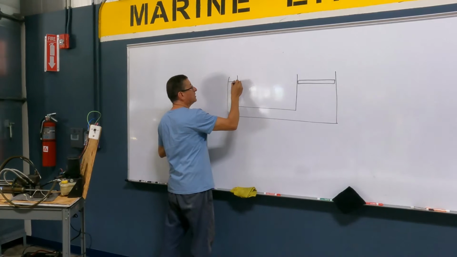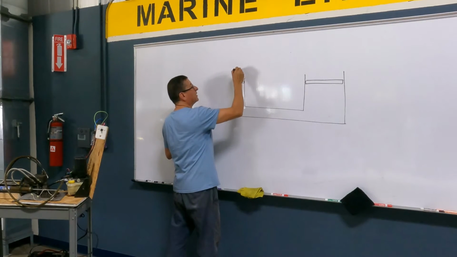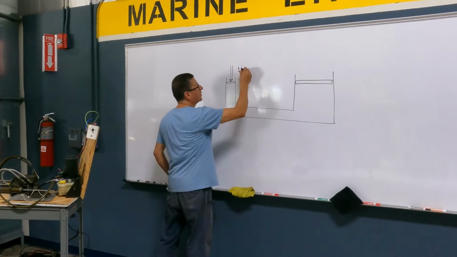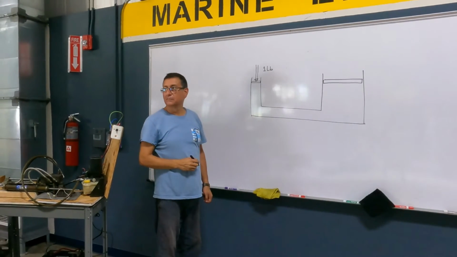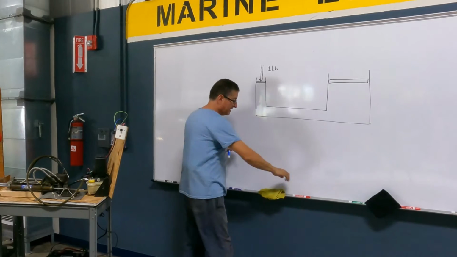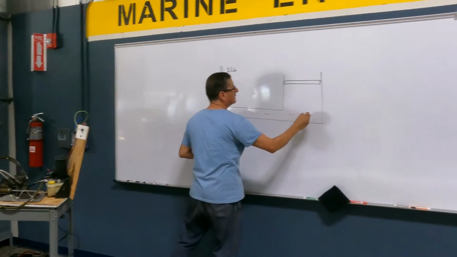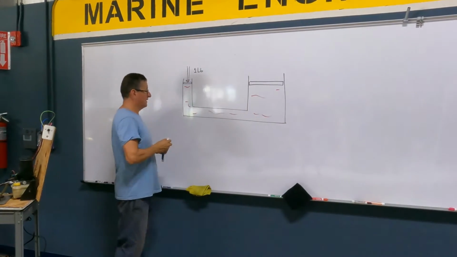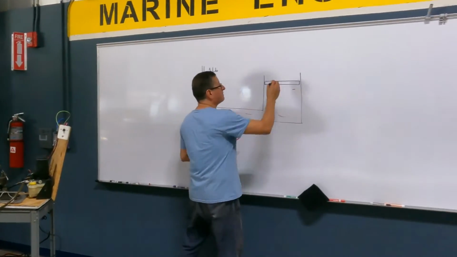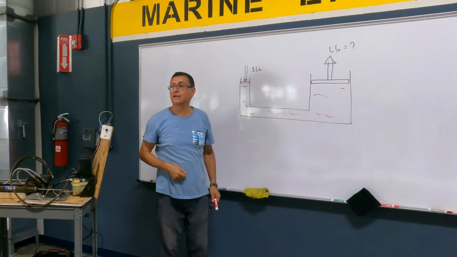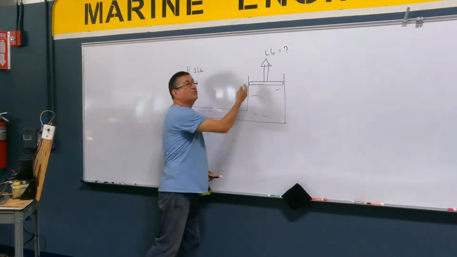One small piston. In this small piston, we are going to apply a force of 1 pound. And here is the fluid. And I am going to calculate with 1 pound applied here how much force I produce on the other side.